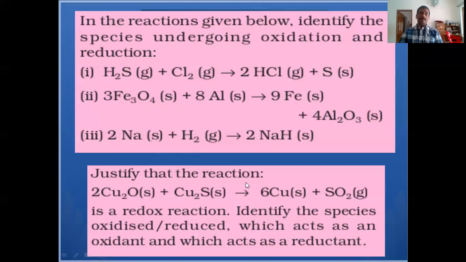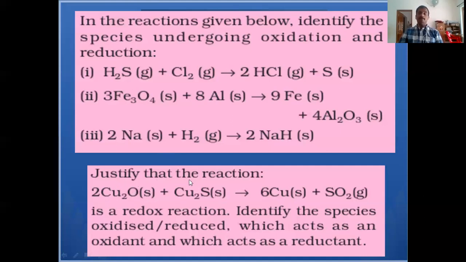Next question: justify that the reaction 2Cu2O plus Cu2S gives 6Cu plus SO2 is a redox reaction. How to prove that it is a redox reaction? Assign oxidation states to these compounds. Oxygen -2, 2 copper atoms have a charge of +2, so 1 plus 1. Here copper is in +1 oxidation state and oxygen in -2 oxidation state.